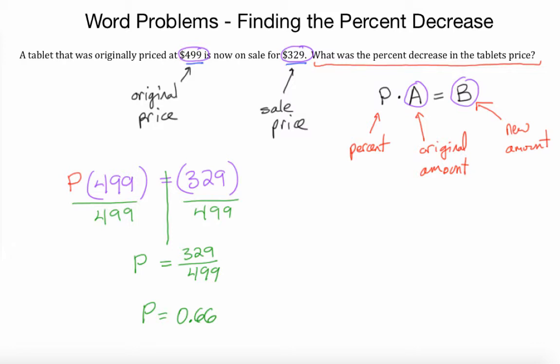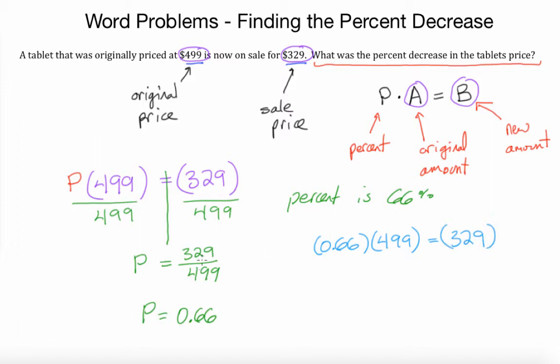Well, translating it back into a percent, the percent that we solved is 66%, approximately. I did have to round that just a smidge. So if I write it out in my equation now, we found that 66% of 499 is equal to $329.